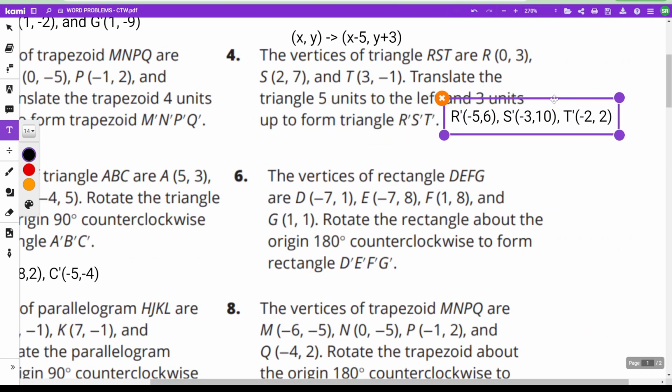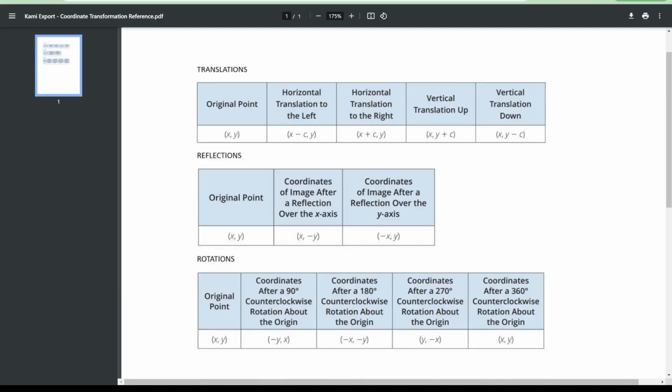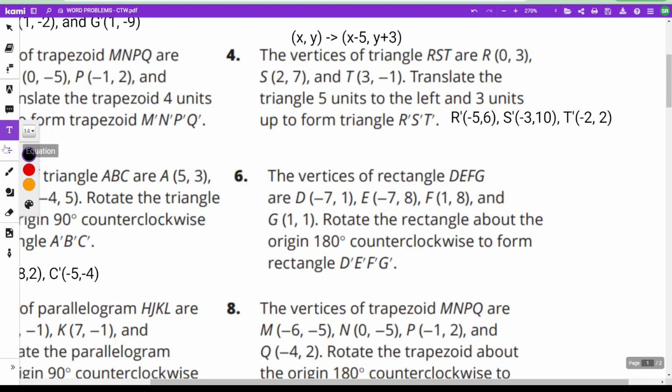Okay, so I'm going to move this up here so it doesn't bother us. So number 6 here wants to do a 180 counterclockwise rotation. So we go back to our reference sheet, and here we have the 180 counterclockwise rotation about the origin. And we see that our original points are going to go from xy to being negative x, negative y. Right, so let's write this here so we can have as reference.